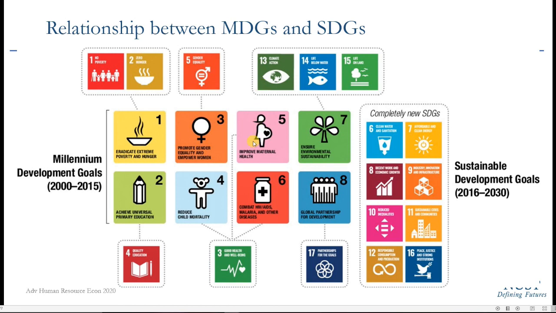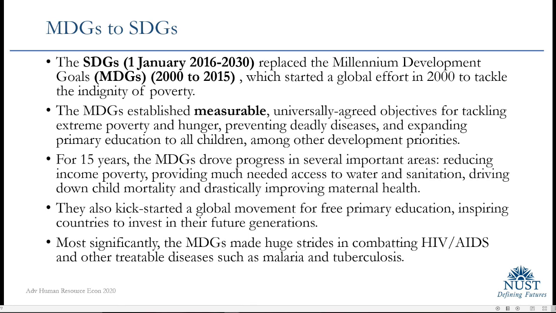Primarily the objective is to eradicate poverty and to improve development. In our last lecture, we talked about HDI. That was one of the ways to measure human development, but there is a lot behind those indicators.